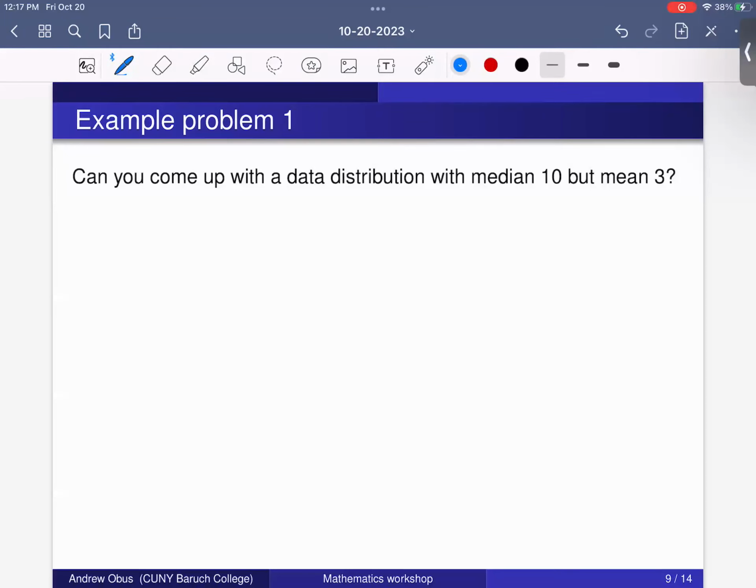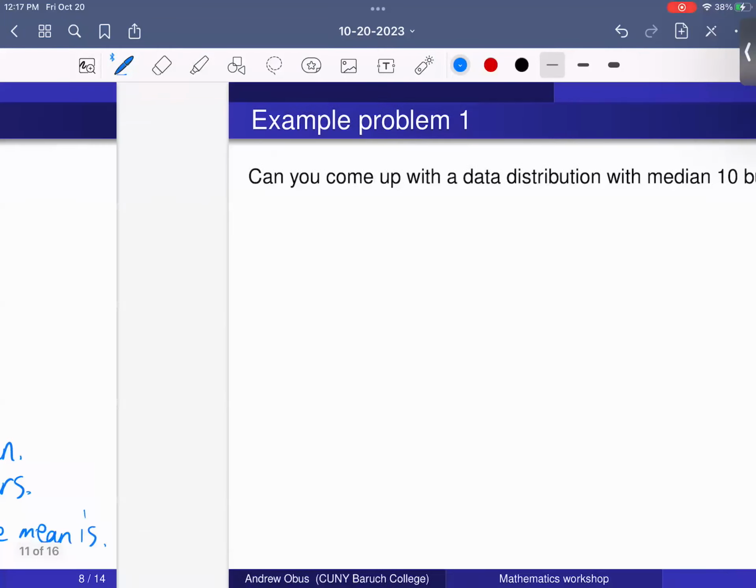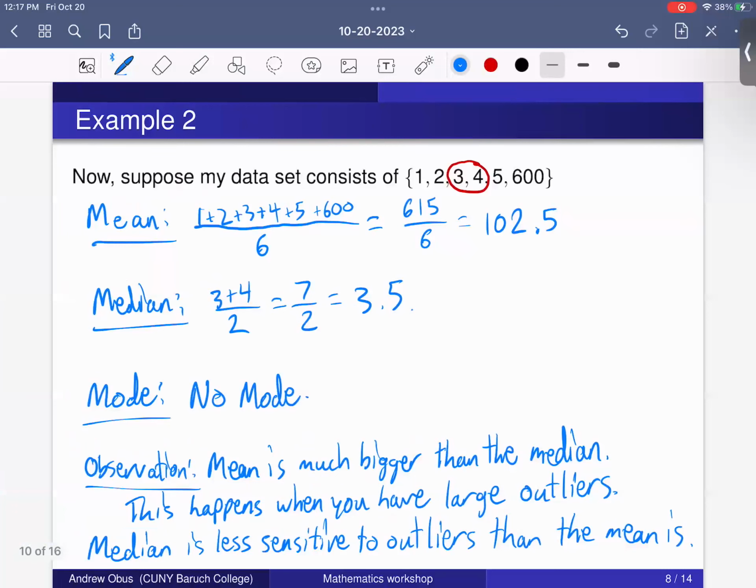Sorry, James asked the question: what if there are 3 numbers in the middle? Well, the point is, if you have an even number of entries, then there will be 2 in the middle.